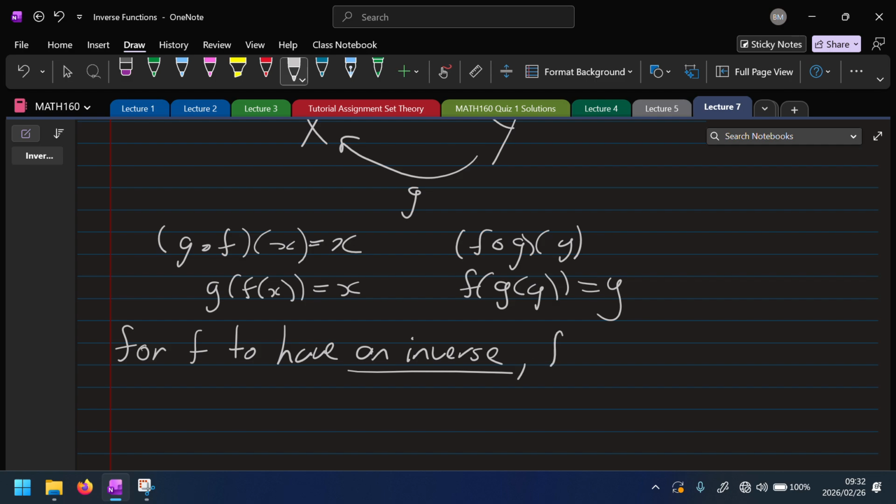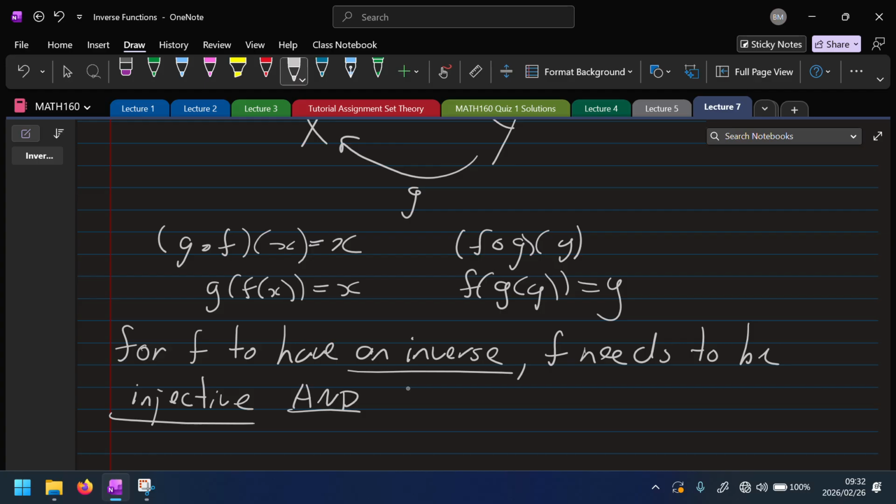f needs to be injective, and we know what that means. You know what injective means, you know how to check for that. So if I give you a function, you can check if it's injective. And surjective. You need both of these conditions.